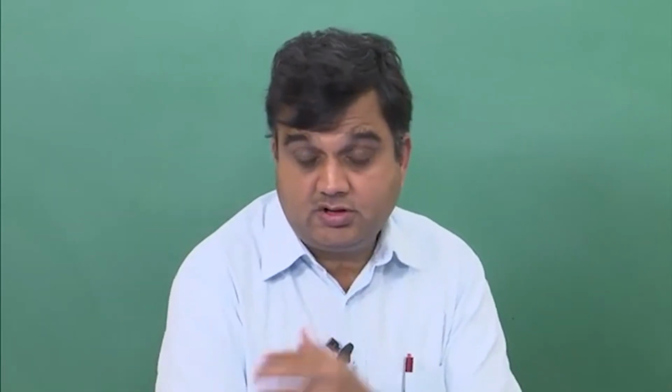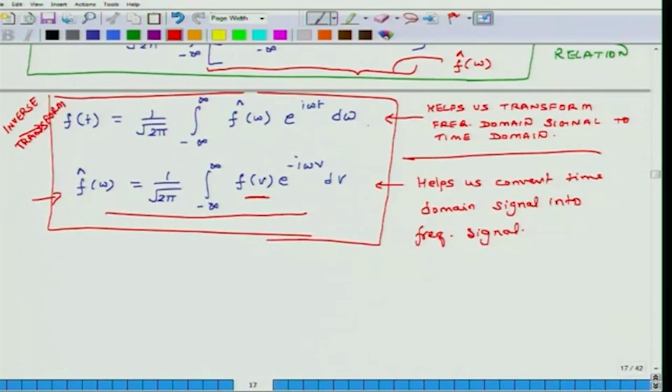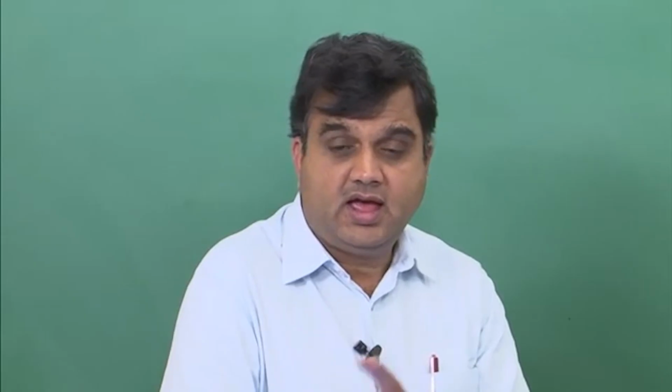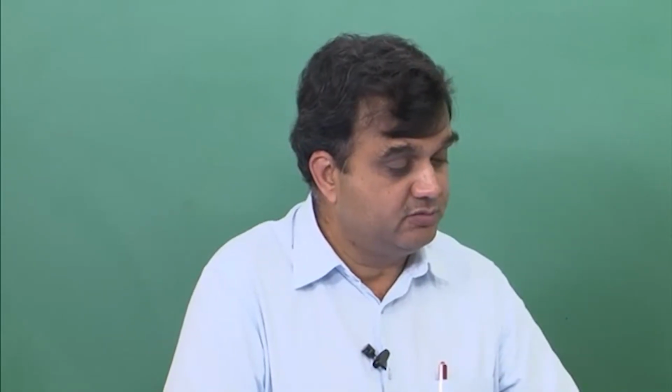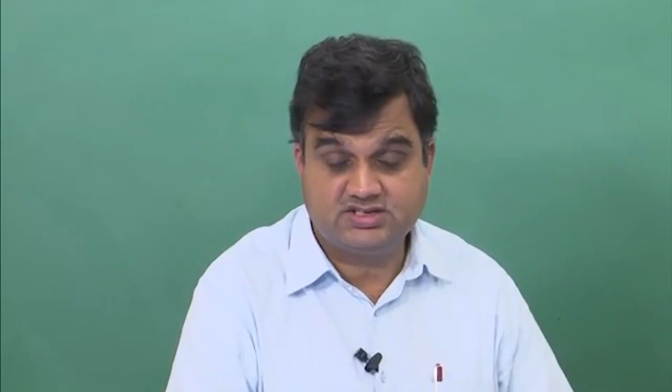The second thing I wanted to explain to you is that there is this exponent, e to the power of i omega v and e to the power of i omega t. What that tells us is that when you do this calculation, you will have a complex part, an imaginary part, and a real part. And that information will help you compute something more than just these numbers.